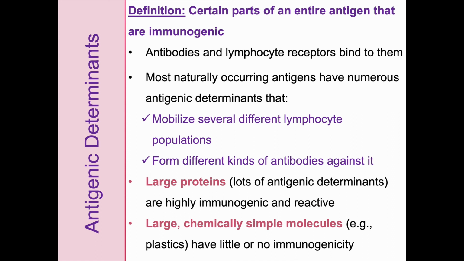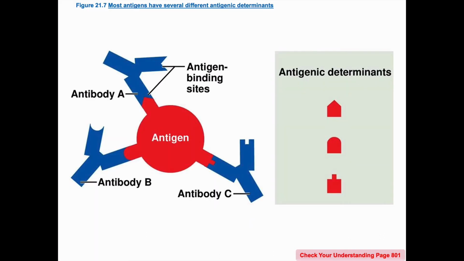Large proteins are highly immunogenic and reactive, while large chemically simple molecules have little or no immunogenicity. Here you can see different types of models to explain the antigen and antibody reaction. These are different types of antigens. So what happens?